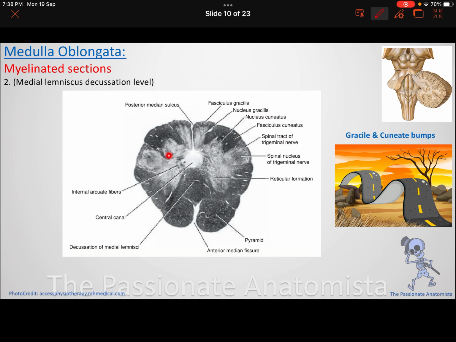Once you can see the nuclei, this white shadow, it means this is the group of cell bodies. It means my tracts have stopped here and given the information to the second order neurons. Once you can see this much white, it means this is the level of decussation of the medial lemniscus, the sensory decussation.